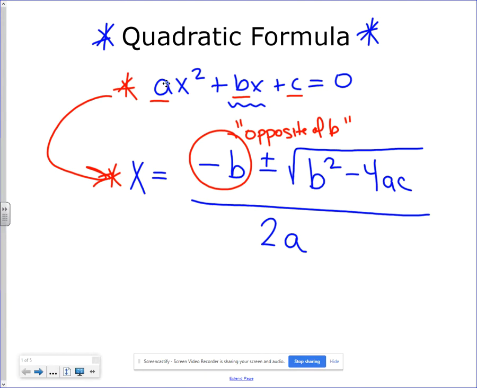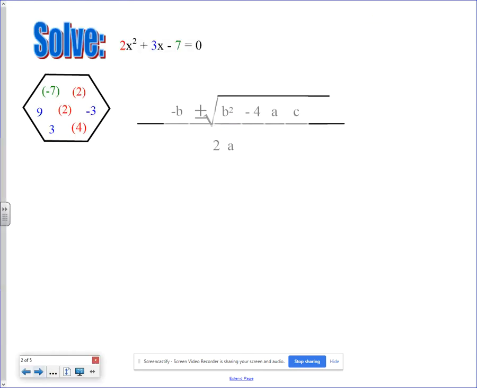So let's solve some quadratic equations using the quadratic formula. And again, this method here, the quadratic formula, will always work no matter what type of quadratic equation you have. So here's my first quadratic equation. 2x squared plus 3x minus 7 is equal to 0. Remember, this is the standard form, ax squared plus bx plus c is equal to 0.